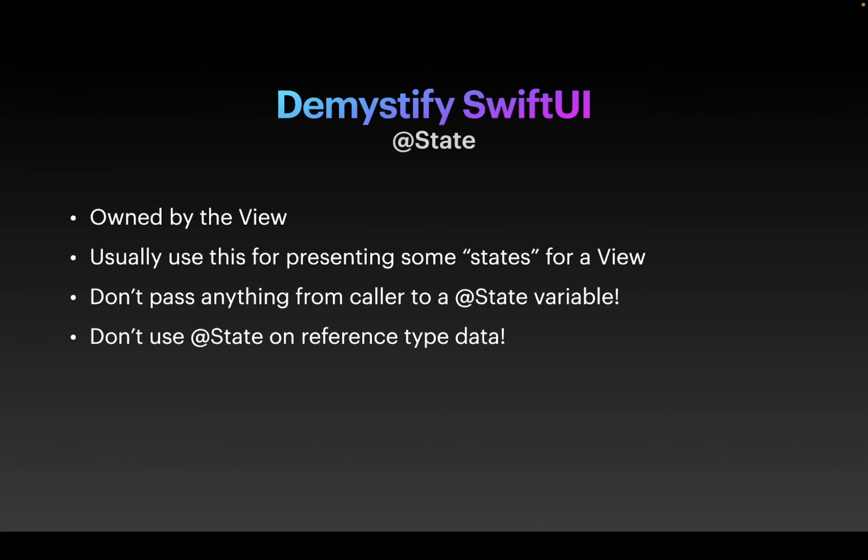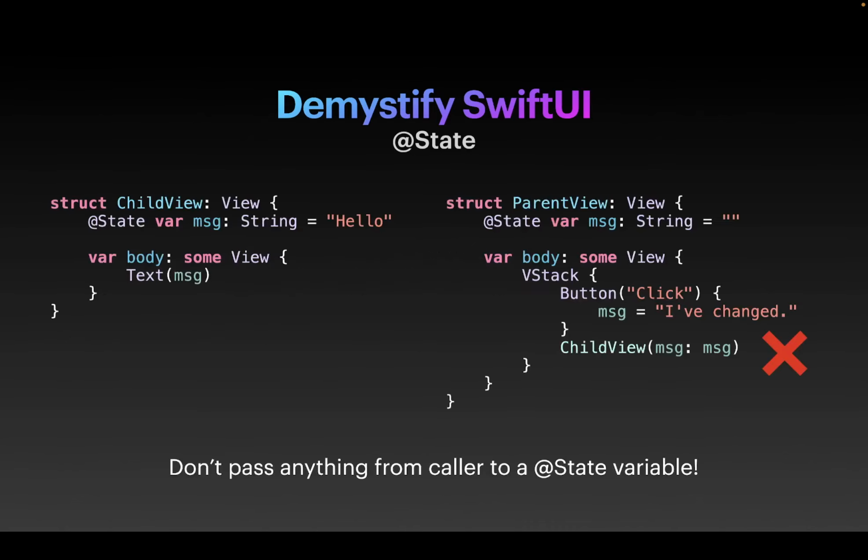Actually, let's take a look at some concrete examples. This is some code. First, on the left, we have a child view. This is quite simple. We have an @State variable named message, and we can display that.